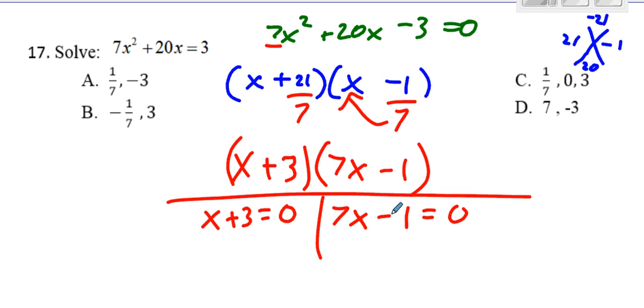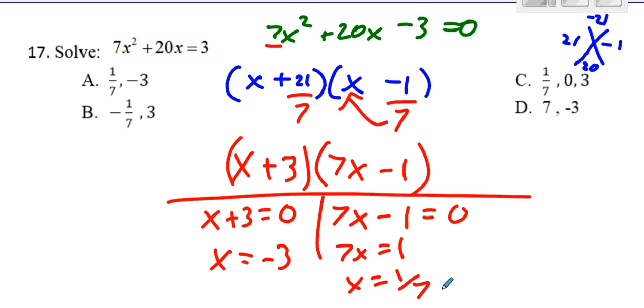So when you solve these out, you get x equals negative 3. And 7x equals 1, so that means x equals 1 over 7. Which is A.